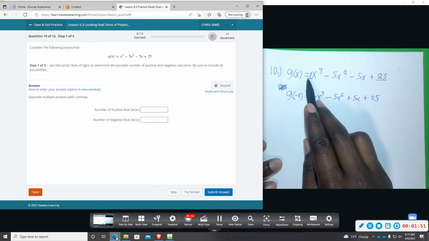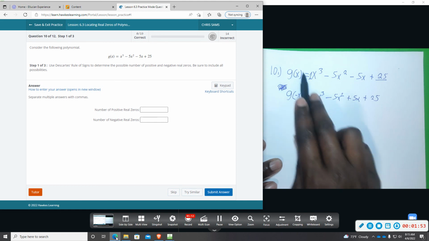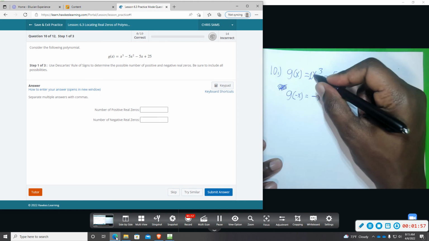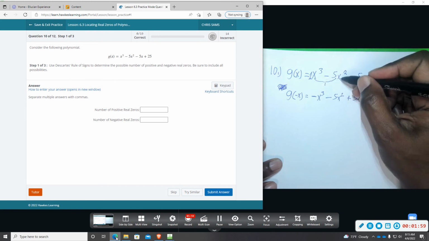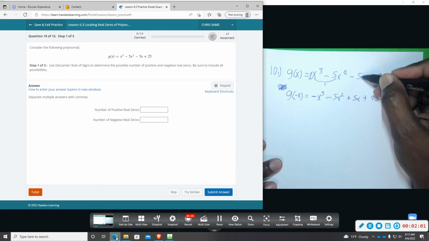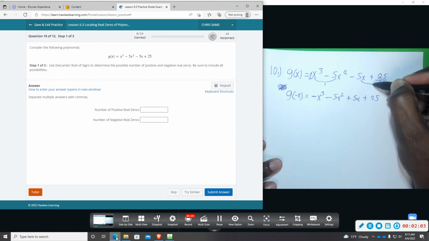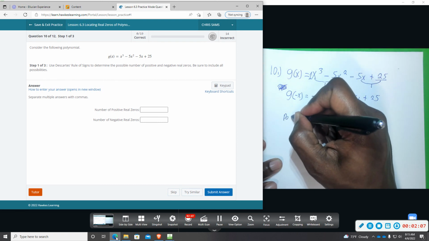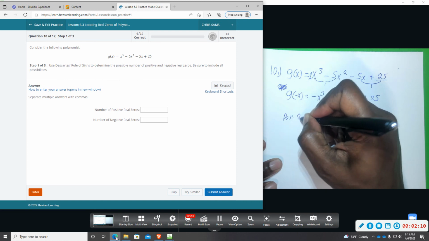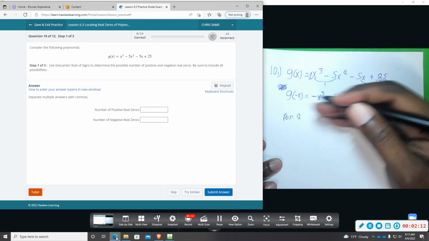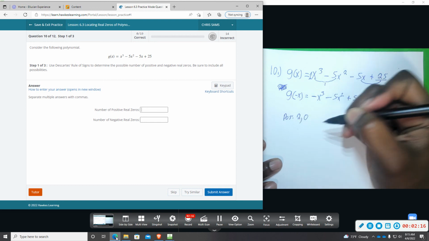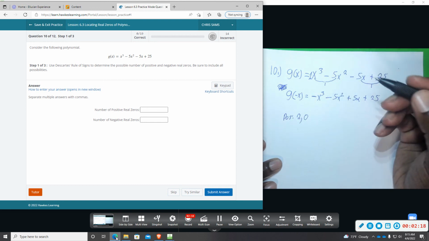Okay, so the number of positive sign changes, what they mean when g of x is positive, from here to here is positive to negative, so there's one change. Negative stays negative, and then negative to positive, that is another. So there's 2 sign changes with the positive. So you either write 2 or you decrease that number by an even number. So 2 minus 2 will put you at 0.